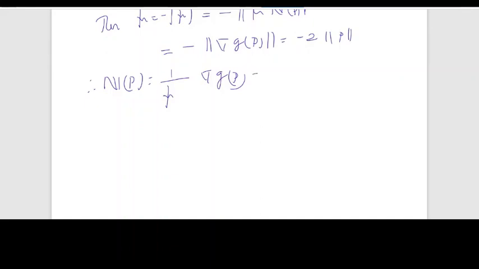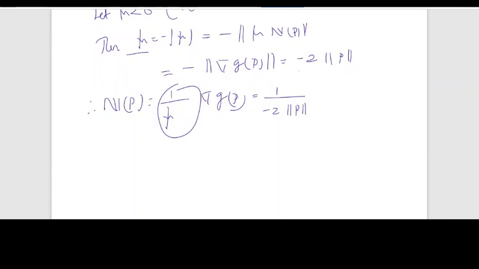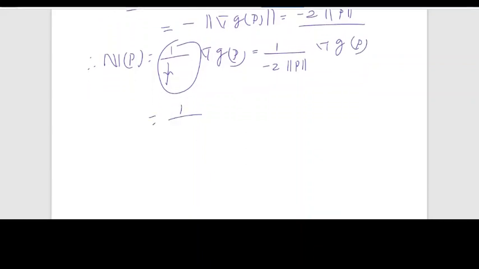Here mu equals minus 2 into norm p, so 1 by mu is 1 by minus 2 norm p, into del g of p.